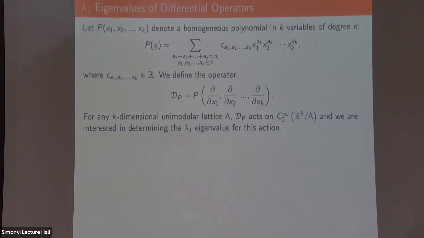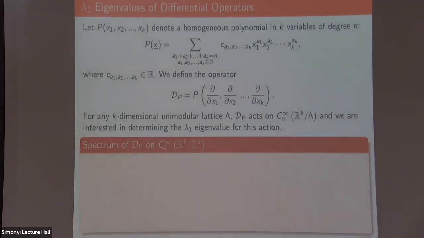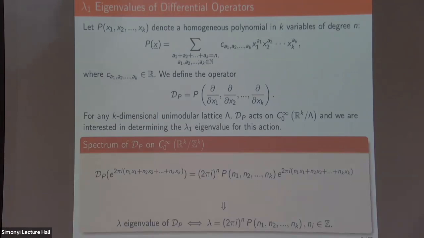So this is a spectral problem, but it turns out that it has a very nice interpretation in the geometry of numbers. For example, if we take our lattice to be the integer lattice, we can see that the exponentials are very easily seen to be eigenfunctions. So the eigenvalues themselves are simply scalar multiples of the polynomial evaluated at the vectors of the lattice.